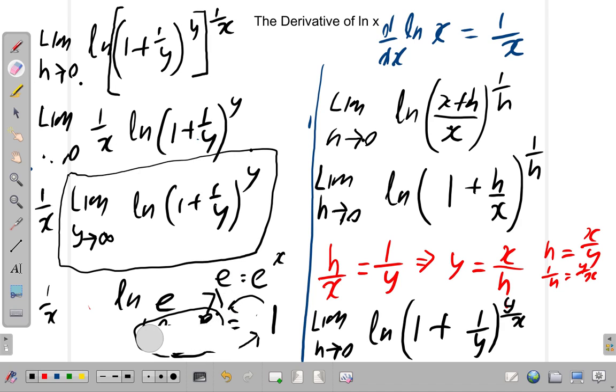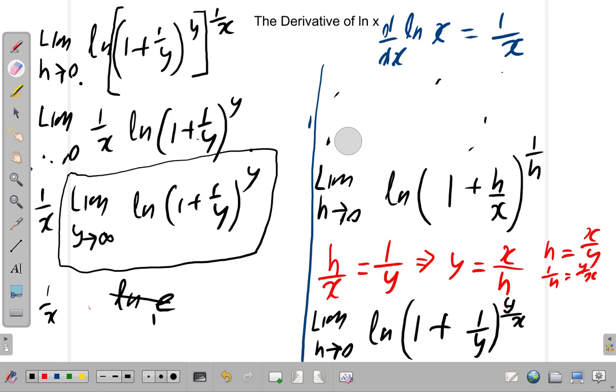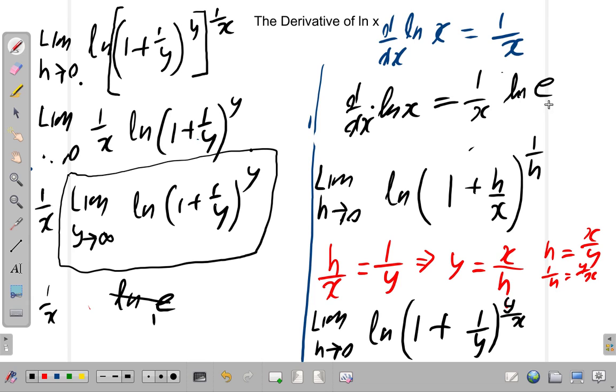Now, if ln e is 1, then what would happen here? This becomes 1. So therefore, what we can say is the limit of all of this as h approaches 0, in other words, the derivative d by dx of ln x is equal to 1 over x times ln e.